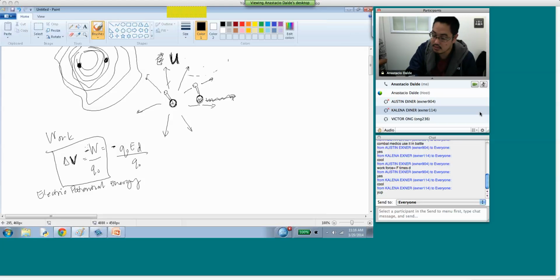And how do we measure this thing? I'm sure that you've heard this before. We measure it in volts. Have you ever heard of that unit before? Yeah. That's what a volt is. It's the amount of work this thing would do divided by the charge of your test charge. Are we cool?